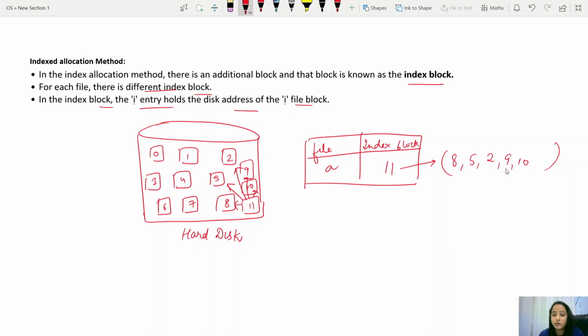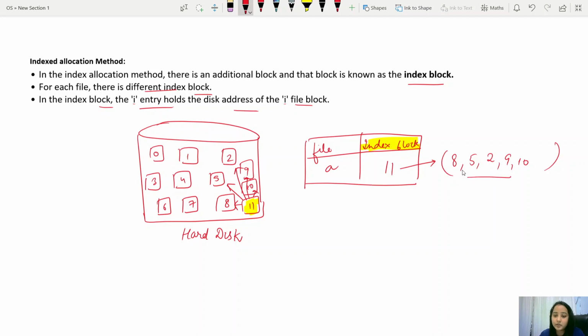Okay, and this 11 is the index block. So it is keeping the address of different blocks where the data is stored.